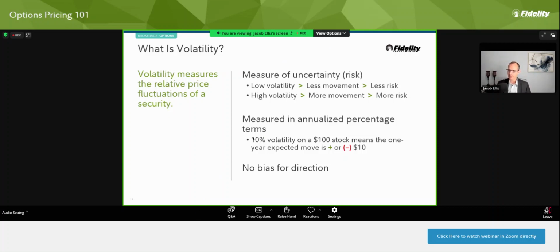Even though your option might expire next Friday or 3 weeks from tomorrow or some time frame into the future, the volatility will always be quoted on an annualized term. That's good because that helps us compare one option against another, both on the same stock and on other stocks, regardless of expiration date, the stock price itself, and other factors. All of that's already been considered in calculating it.